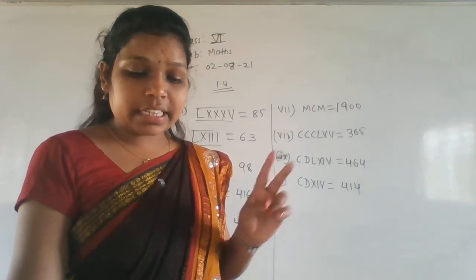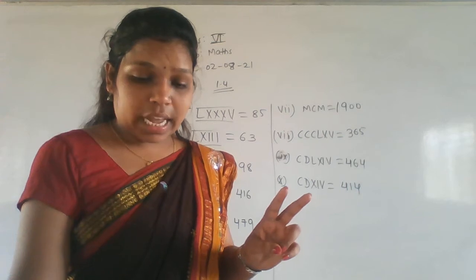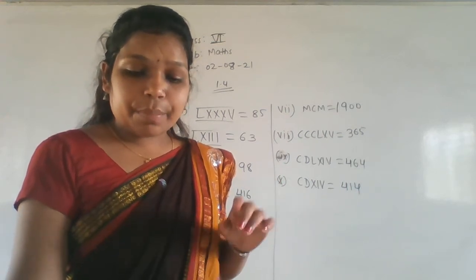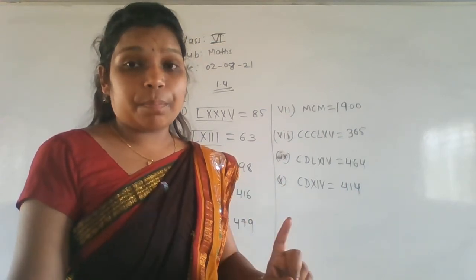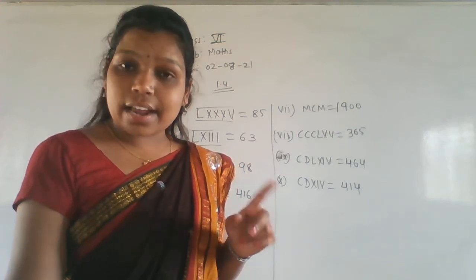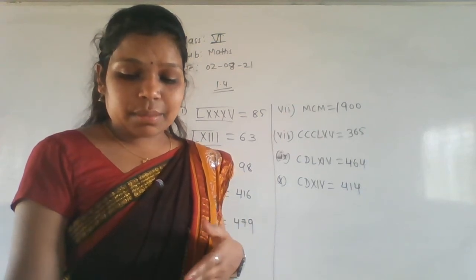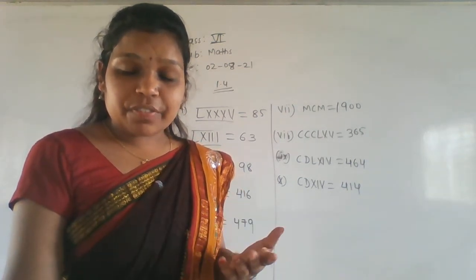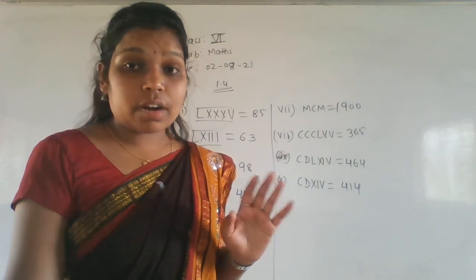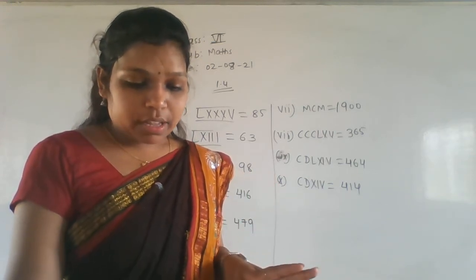And next one, D. Again here D also does not repeat 2 times. And VC. Before C, V will not come. Next, double VI they gave here. So V is also not repeated 2 times. And here VX. Before the larger number, a smaller number will not come. That is one of the rules.